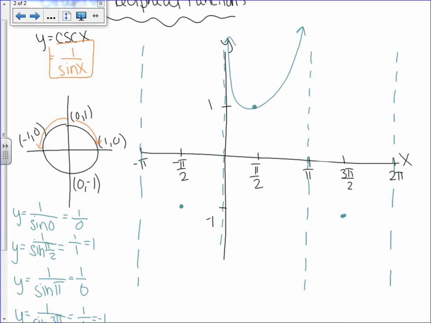Okay, now we can take a look between, how about 3 pi over 2 and 2 pi? So going between 3 pi over 2 to 2 pi. Okay, when I look here between 3 pi over 2 and 2 pi, again, the distance for my sines is getting smaller.